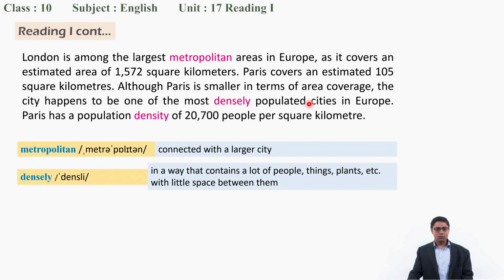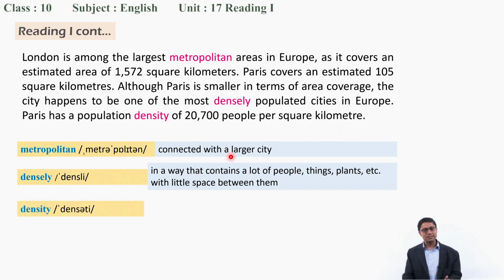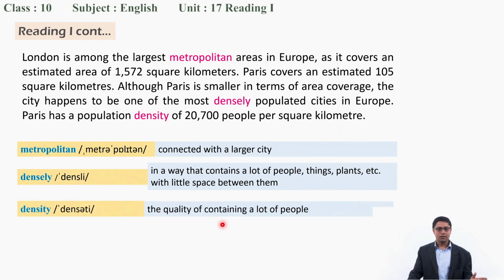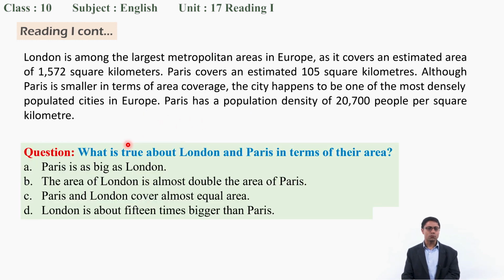Paris has a population density of 20,700 people per square kilometer. Density means the quality of containing a lot of people. This means in 1 square kilometer, 20,700 people live in Paris. Let's see the answer to those questions now.